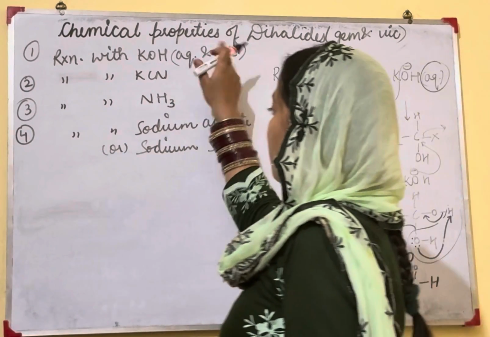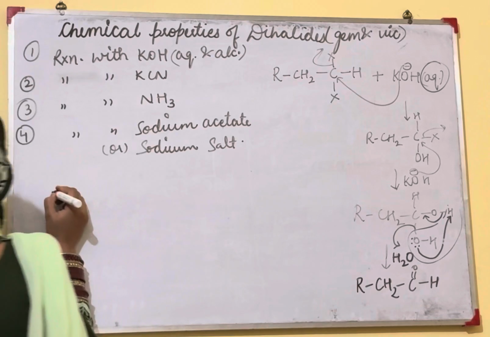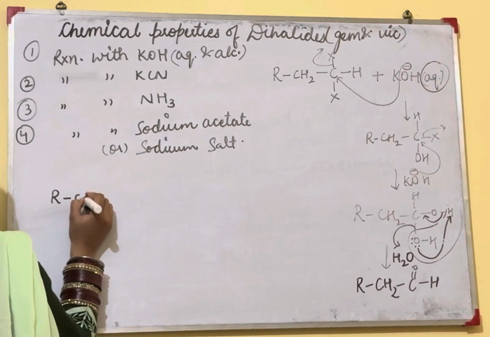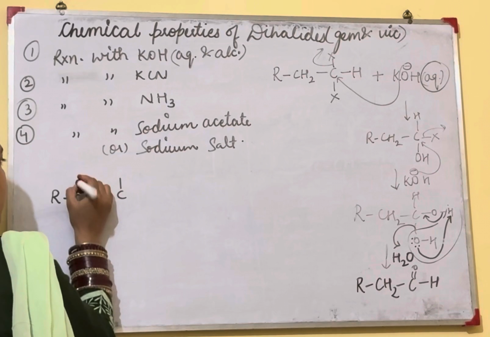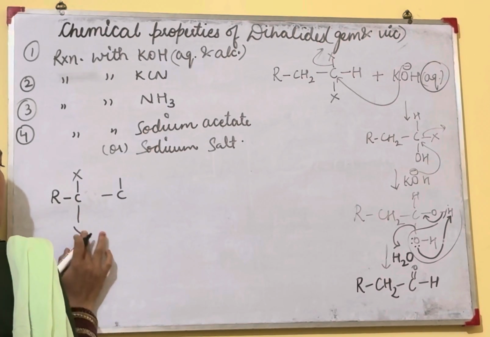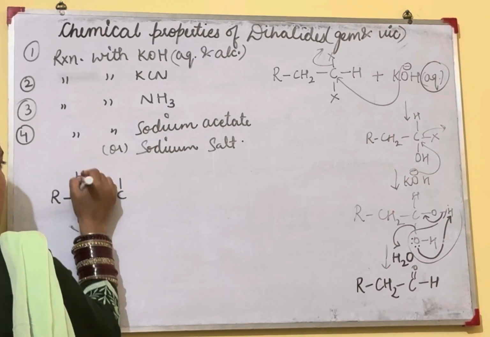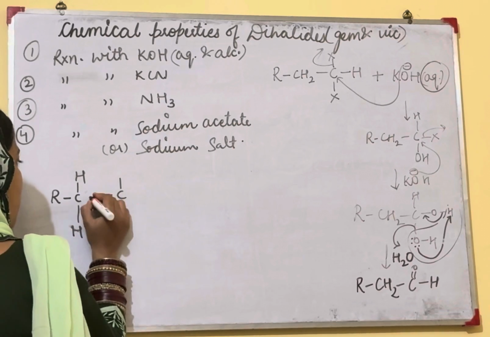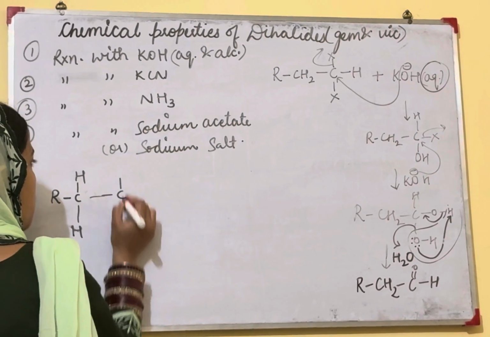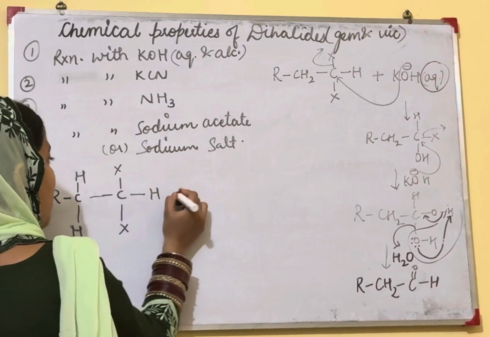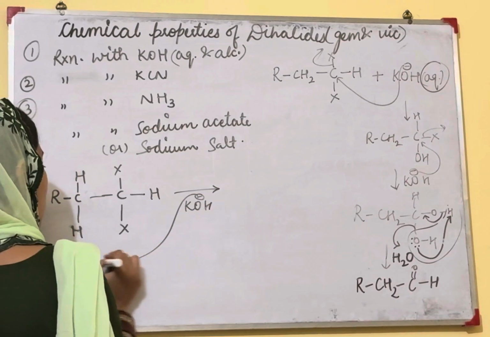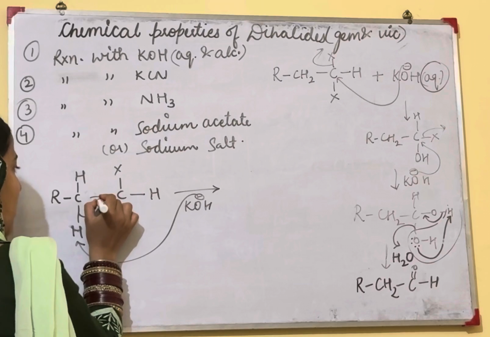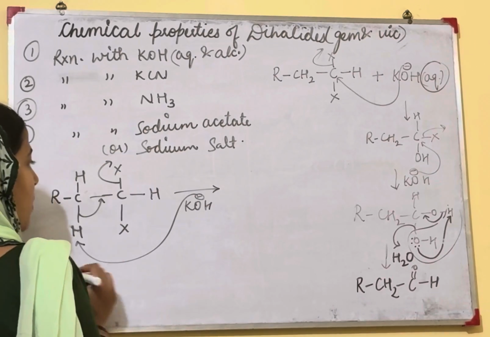Now if it reacts with alcoholic KOH, what will happen? R CH2 CHX2. Now we can write it in open form because we have to do elimination here. We know that when alcoholic KOH is used, it will undergo an elimination reaction. Here KOH acts as a base. It will abstract this proton, the bond will move here and this halogen will be removed.